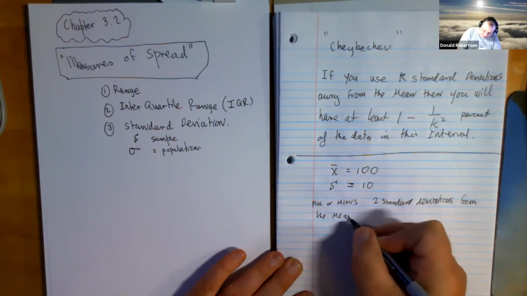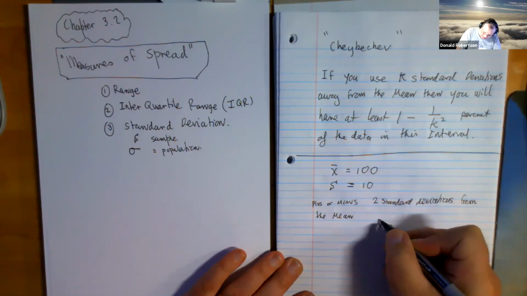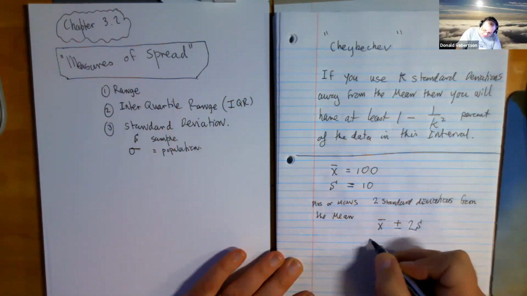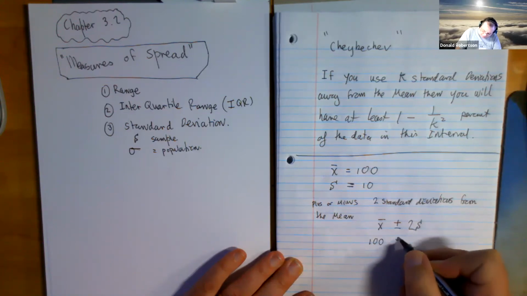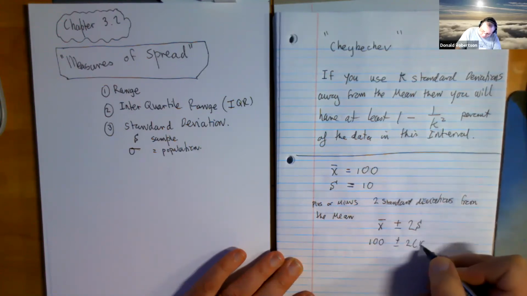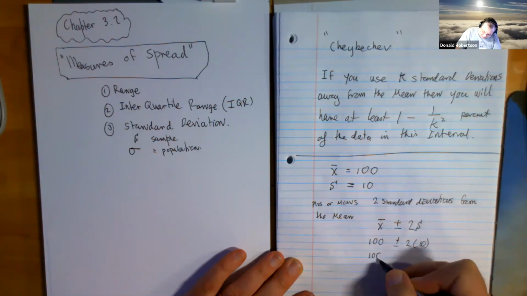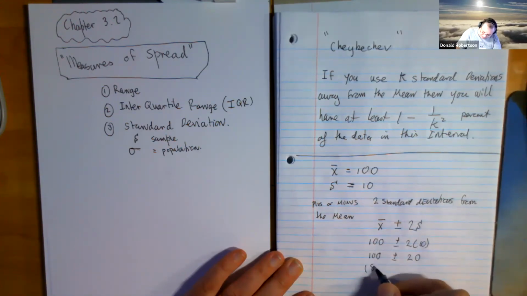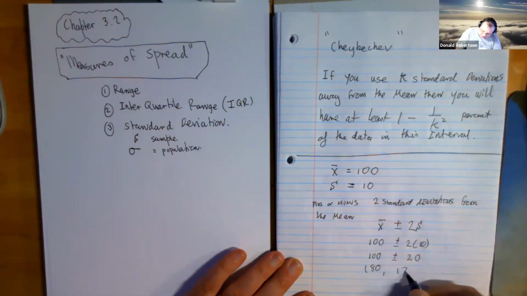Let's see what that looks like. So it's the mean plus or minus 2 standard deviations. So that's 100 plus or minus 2 times 10, so 100 plus or minus 20. So we are looking at 80 to 120.